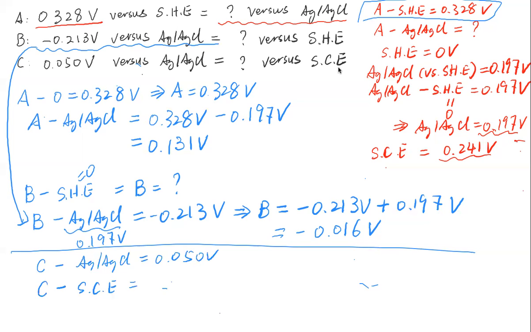So if we want to calculate that, we have to first calculate C. Because silver chloride is 0.197, C will be 0.050 volt plus 0.197 volt, which will be 0.247 volts.